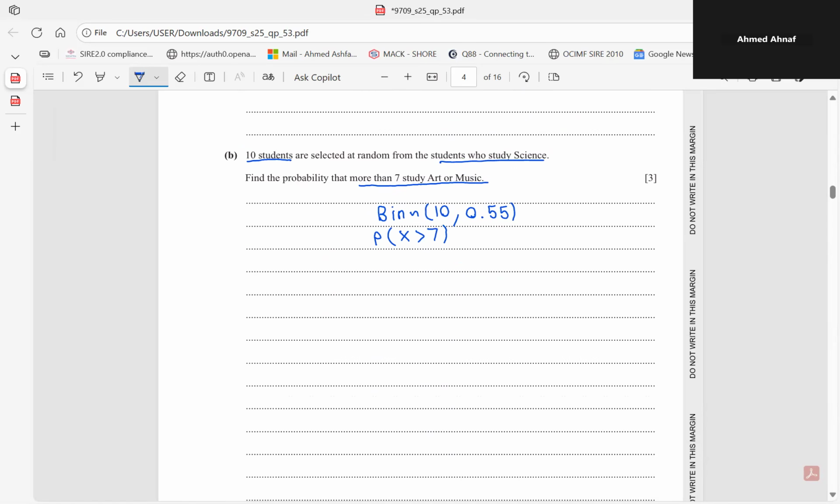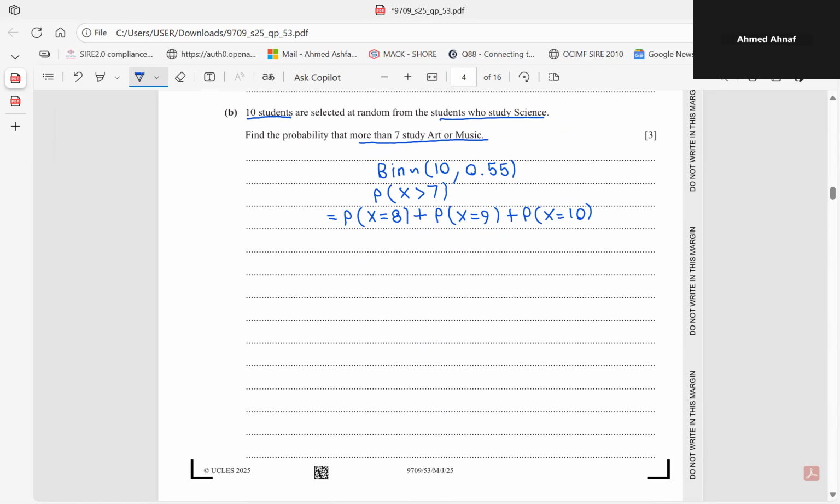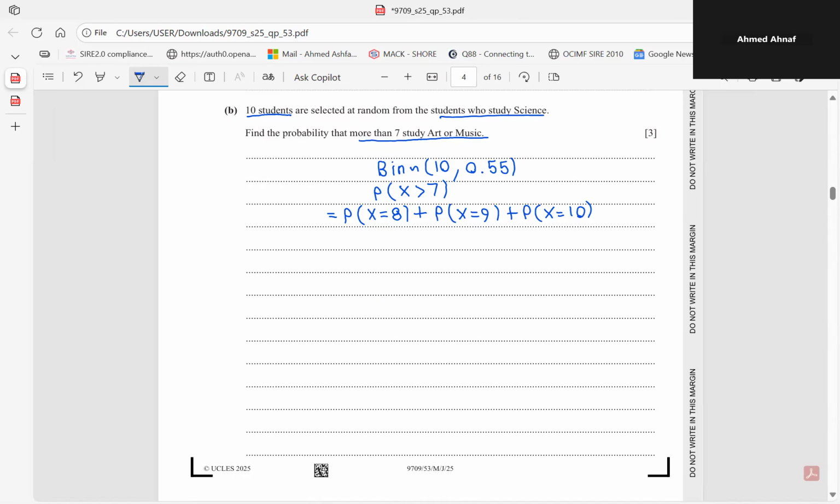So more than 7 can mean that X equals 8, or X equals 9, or X equals 10. So we have to find these three individual probabilities and add them up.